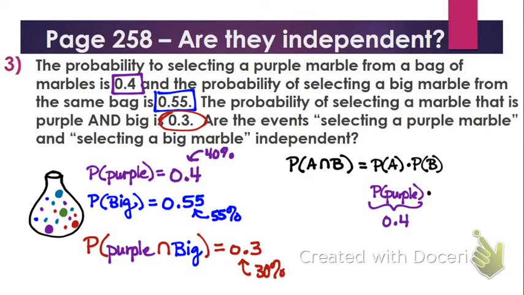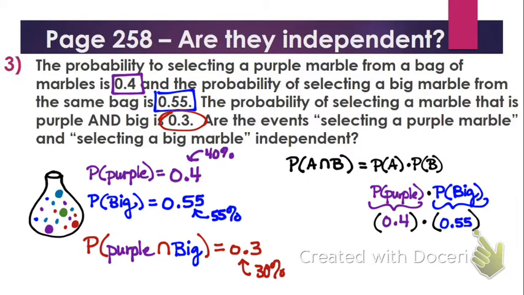And we're going to multiply that by the probability of our other event. What's our other event? Big marbles. The probability of a big marble is 0.55.